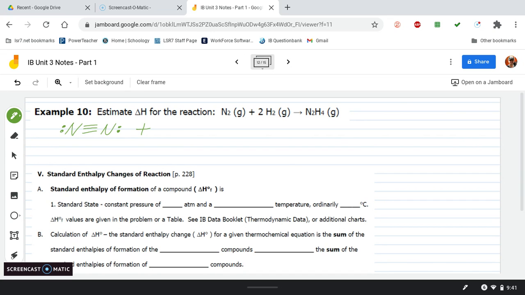This one right here, let's go ahead and keep our coefficient just to help us so we don't make any mistakes. So hydrogen, we just looked that one up. It was a single bond. And let's do our arrow. And then N2H4 is a pretty simple molecule, actually. It's going to take up a bit of space.